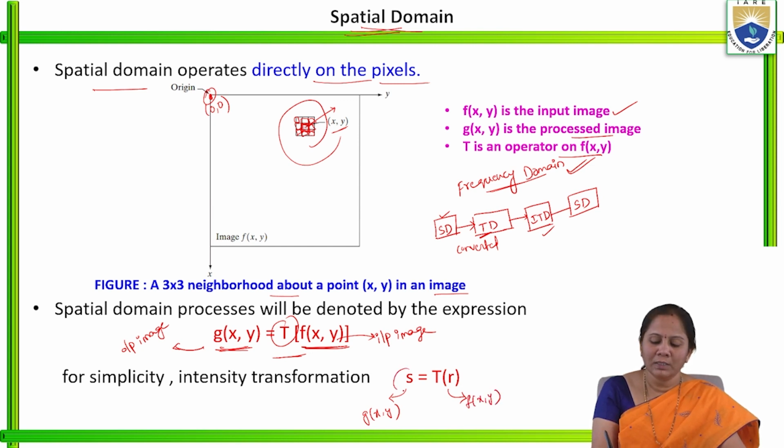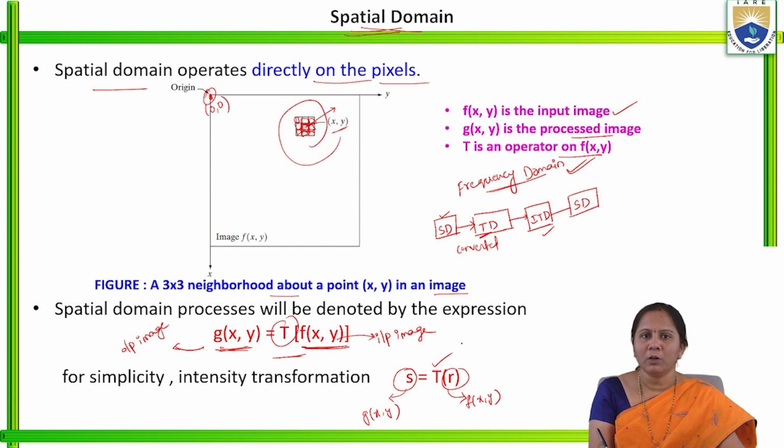We call S the output image or processed image, and R the pixel value of the input image, and T is the transform or operator applied on the input image. After applying the operator on the input image, the output we get is the processed image, which is the enhanced image.